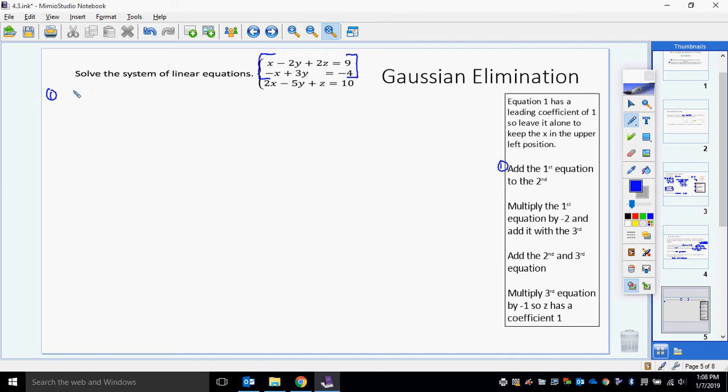So for step 1, I'm going to take my equation 1, and I'm going to add it with equation 2. One thing I want to point out is when I'm writing my z's, I put a line through my z.